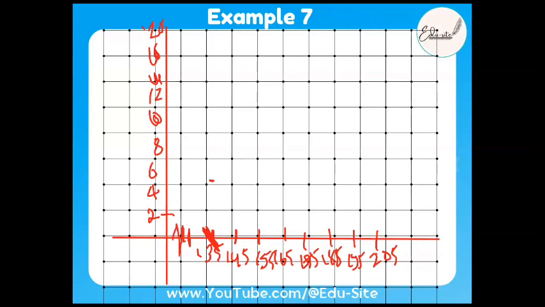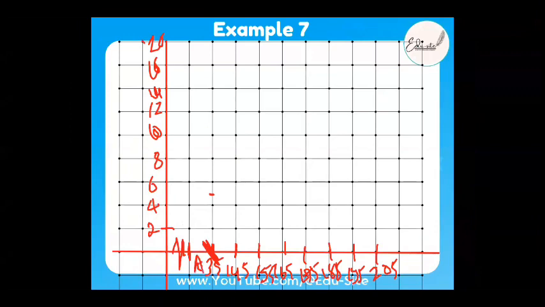So this frequency polygon will be... 135 will be point A, and point B goes to 145 and 5.